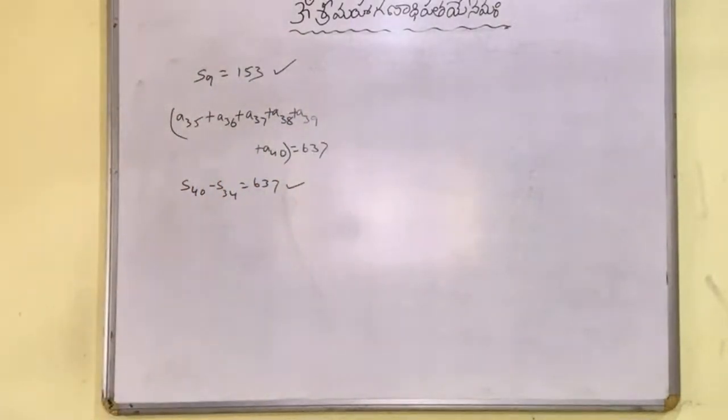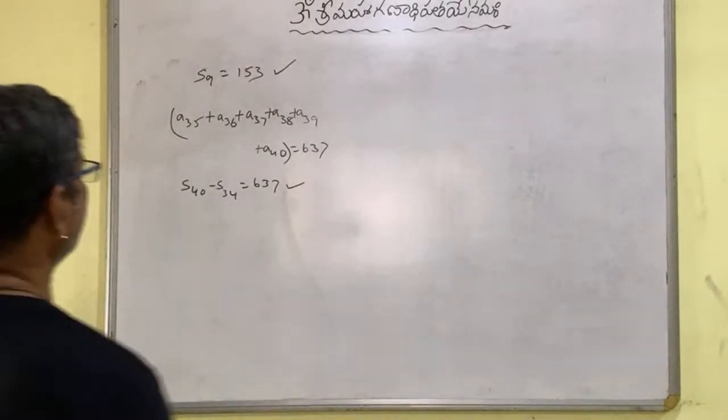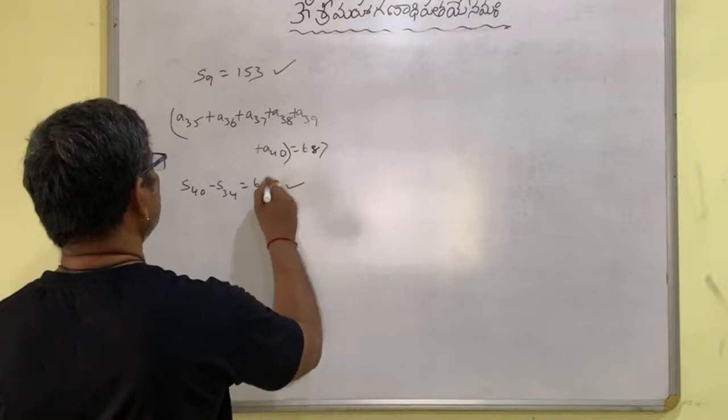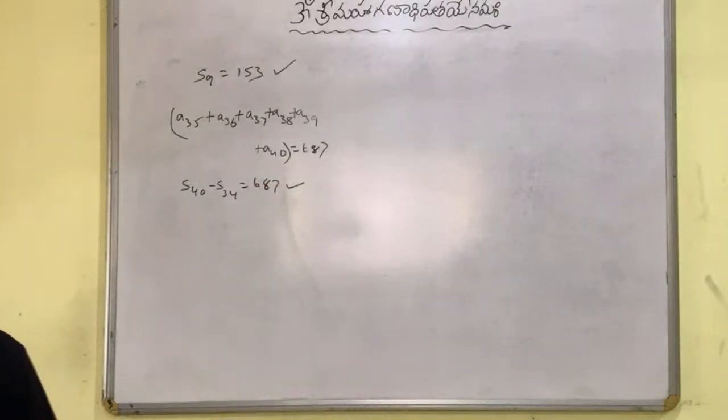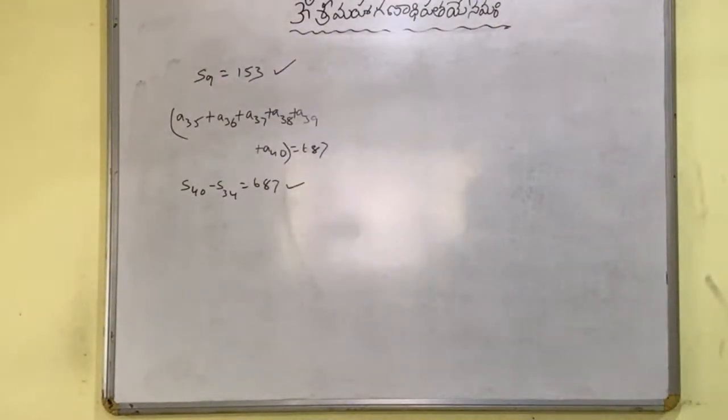You will get 2 equations. 687, okay. Simplify and tell me what a and d are. Find a and d. You have 2 equations now.